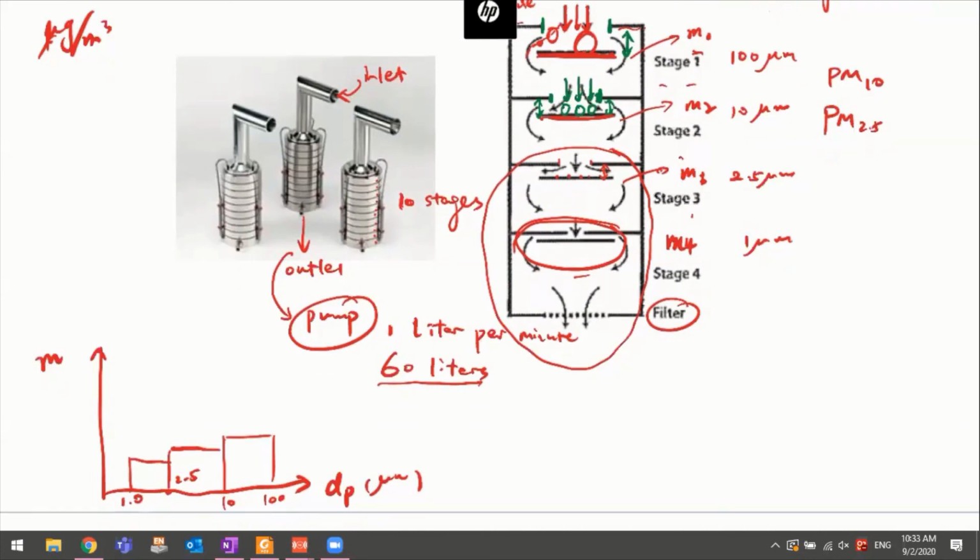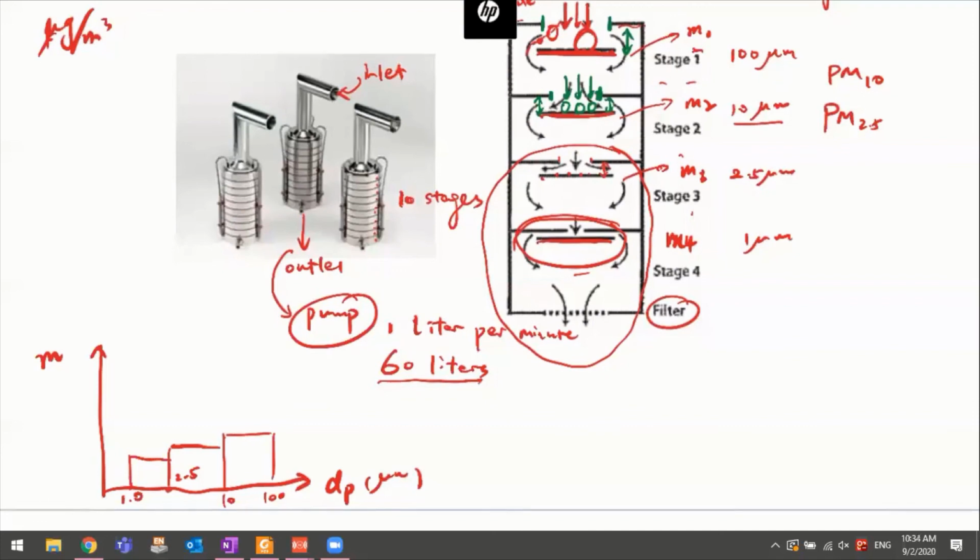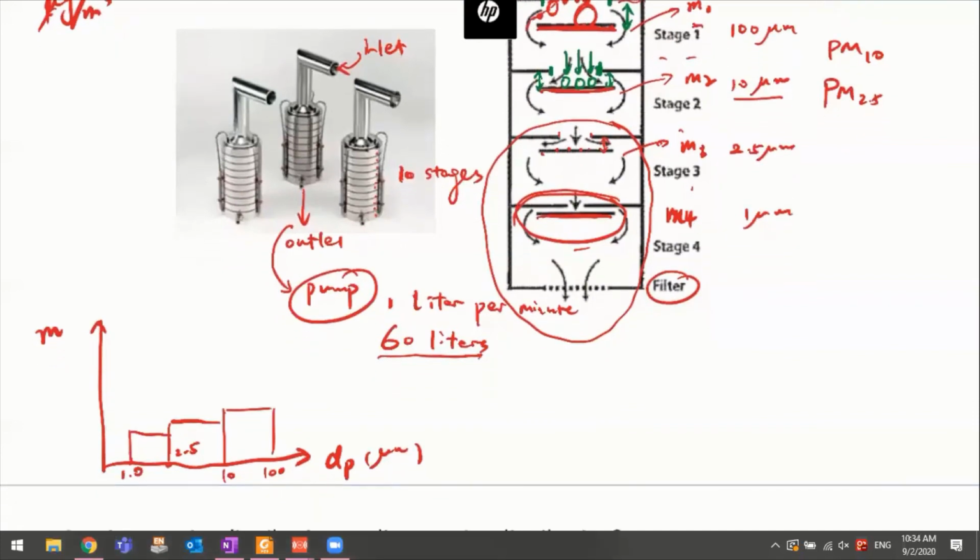Right, for our impactor here, let's say this is a 4-stage impactor, right? Because this stage collects particles above 1 micrometer, but below 2.5 micrometer. And this stage collects particles above 2.5, but below 10 micrometer. Okay.